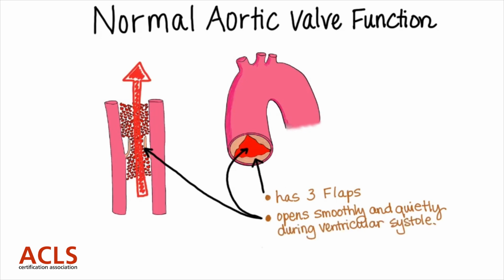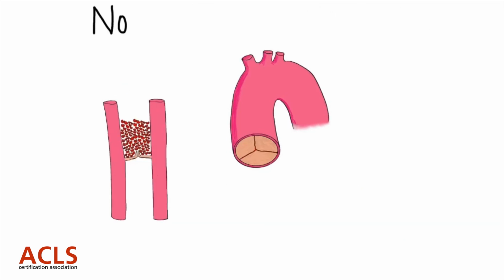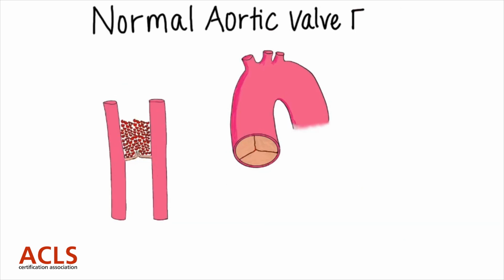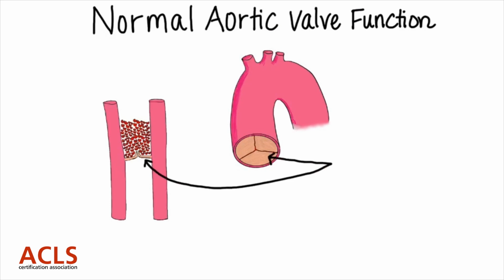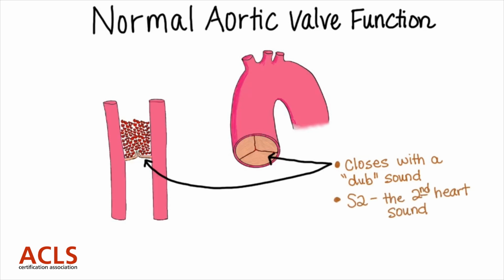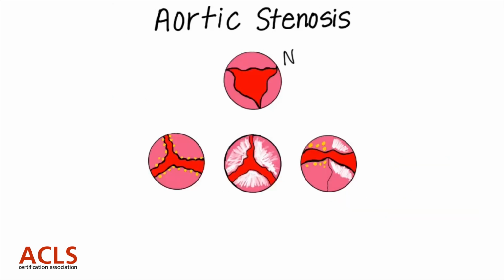When ventricular systole ends, pressure drops rapidly in the left ventricle and the semilunar valve closes with a dub sound. This is known as S2, the second heart sound. This valve closure prevents backflow of blood into the left ventricle. Here is that normal aortic valve with its 3 flaps and how nicely it opens.